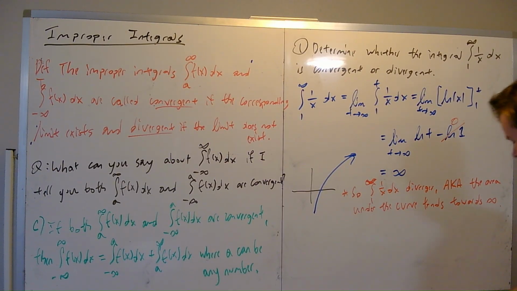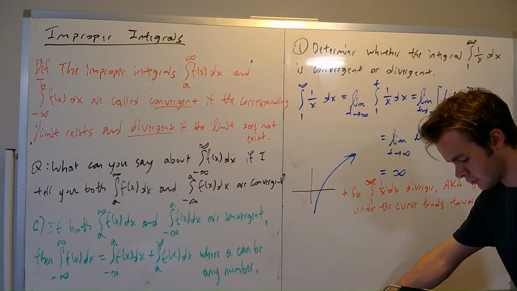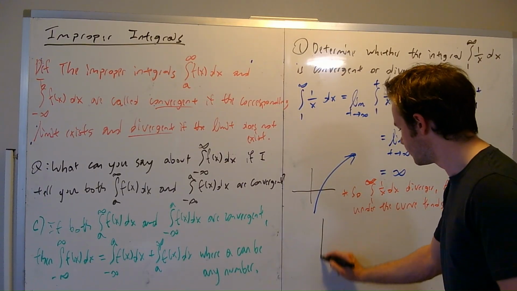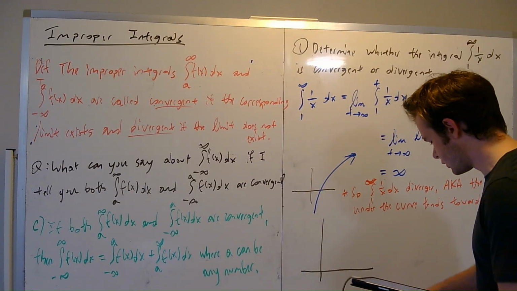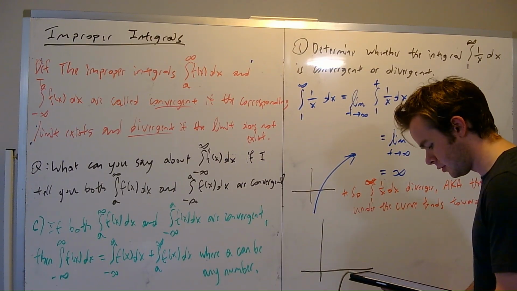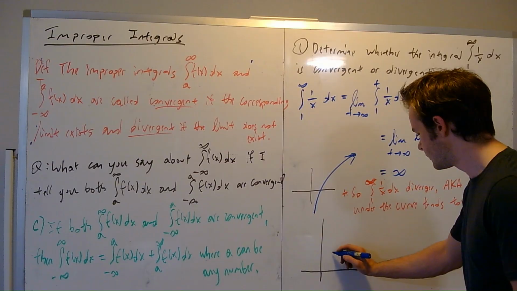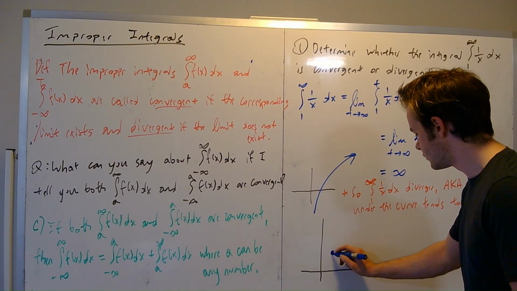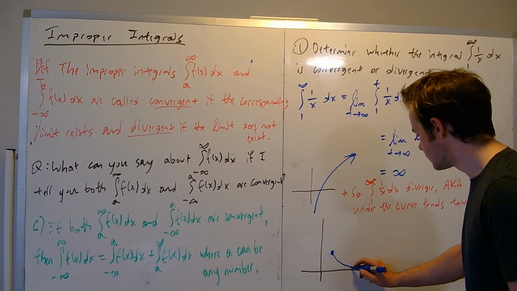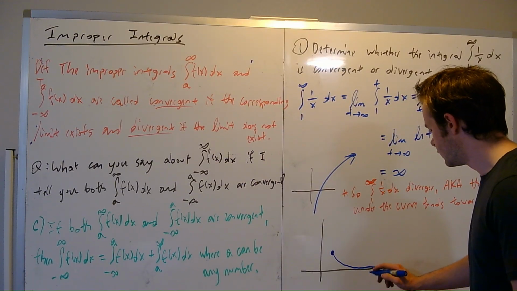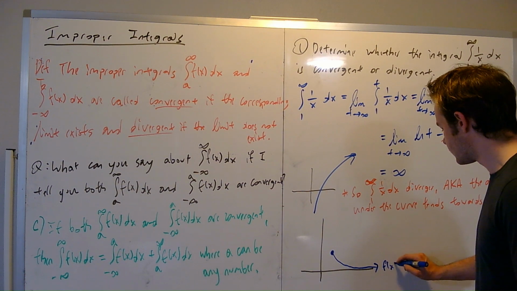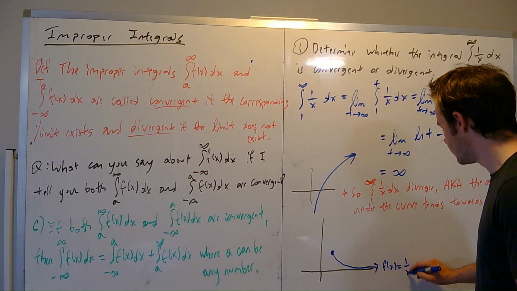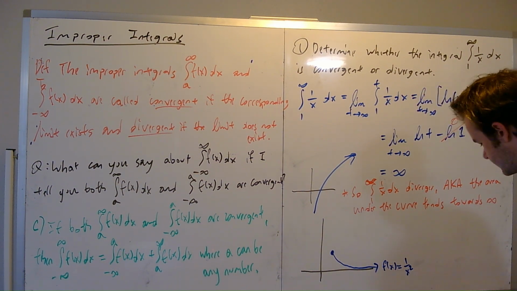Okay, so let's just draw two functions. I'm going to draw two functions here. So the first function I'm going to draw is going to be 1 over x squared. So this is our function f of x equals 1 over x squared.